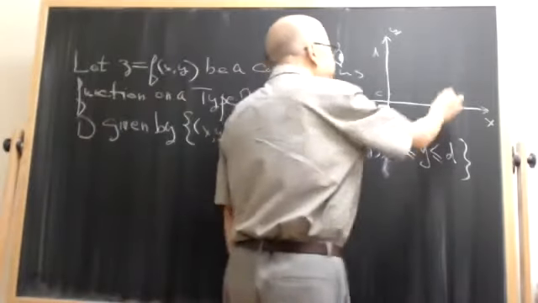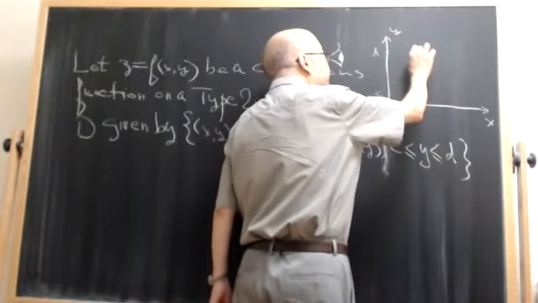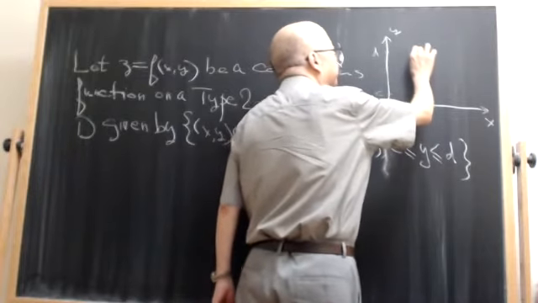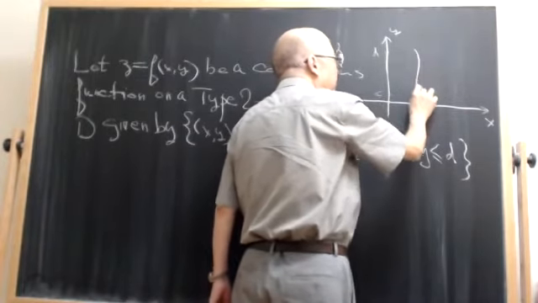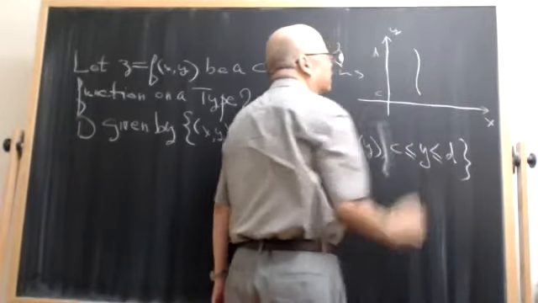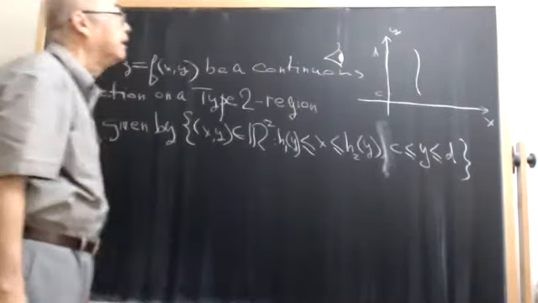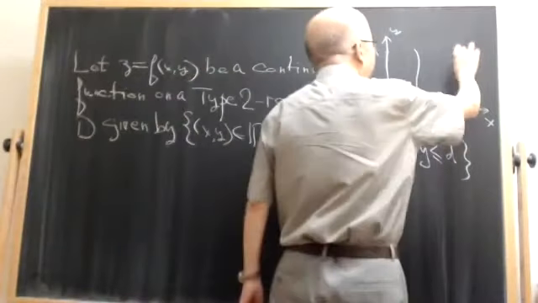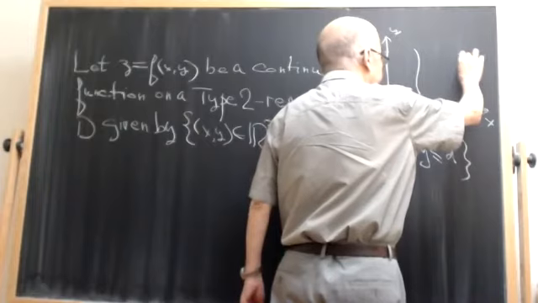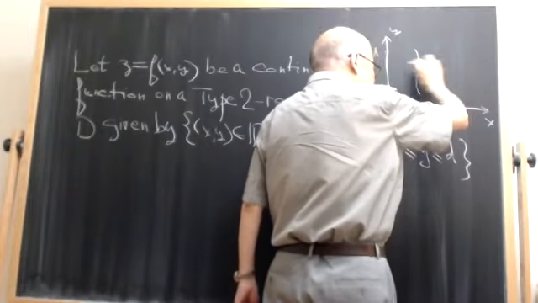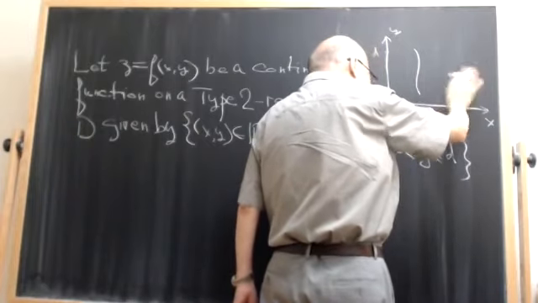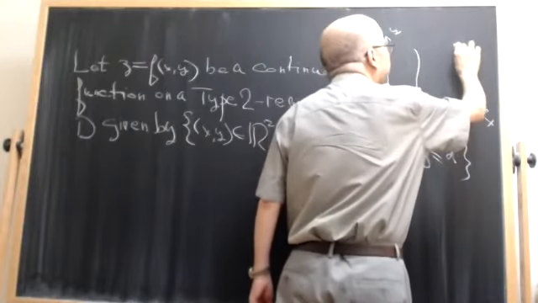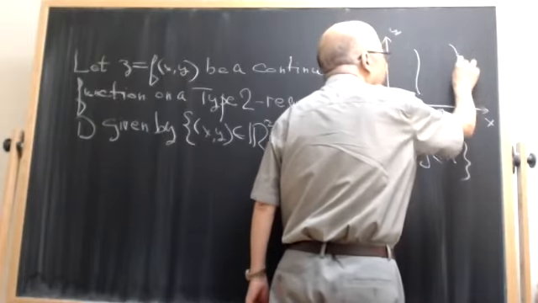Then we are going to have a function defined on the interval [c, d]. And then another function, which is more to the right of the first curve.